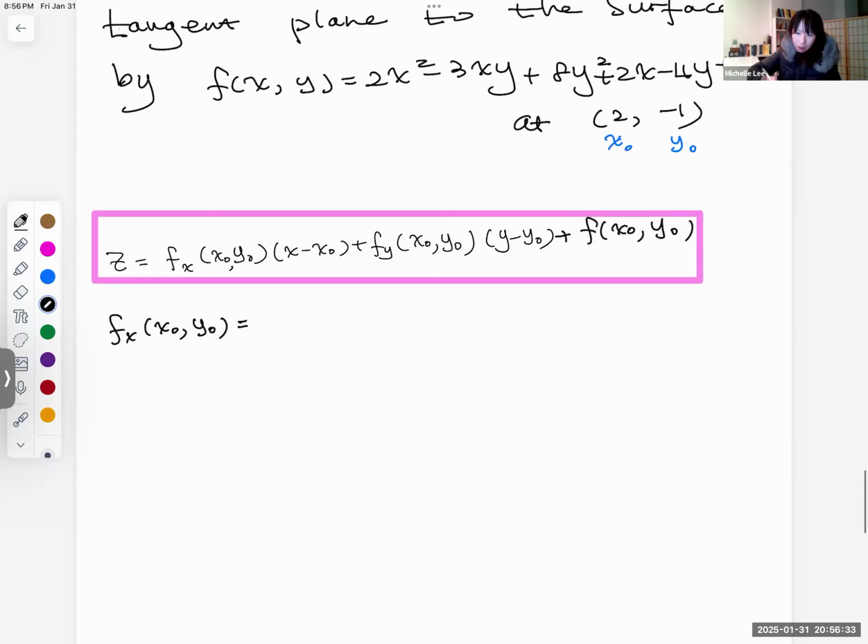So, the partial derivative with respect to x. The first term, we get 4x. Second term, treat y as constant, so we have -3y, right? And then the third term is 0 because y is constant. And the derivative of the next term with respect to x, we get 2.